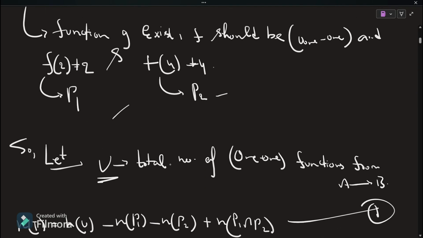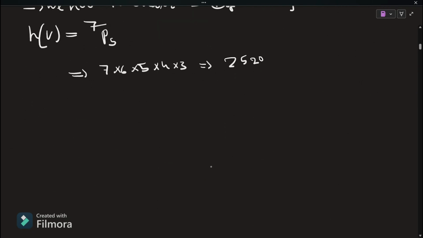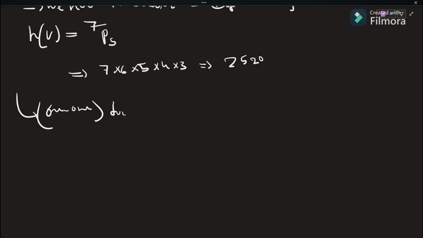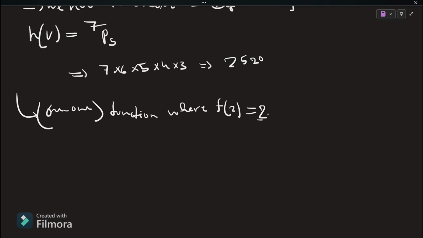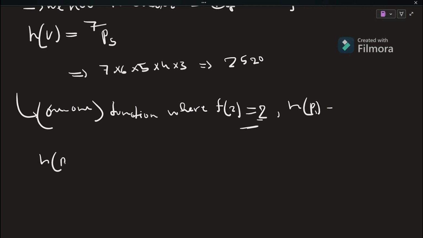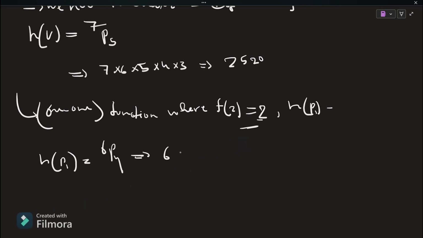Now the 1-1 functions where f of 2 equals 2, let's call this n of p1. When we fix this f of 2, the remaining 6 elements in B are available, so n of p1 will be 6P4.